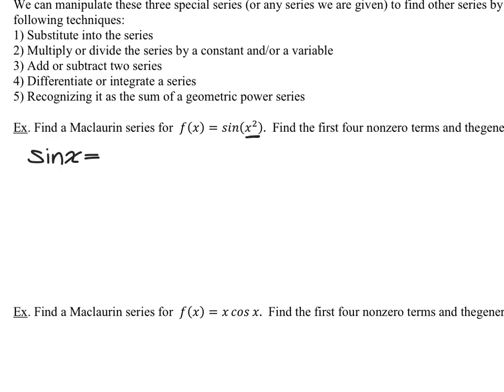All right, so we know that it's 1 minus 1 over 3 factorial x cubed plus 1 over 5 factorial x to the 5th minus 1 over 7 factorial x to the 7th, and so on. All right, muscle memory at this point because we've tackled this kind of thing a bunch of times.